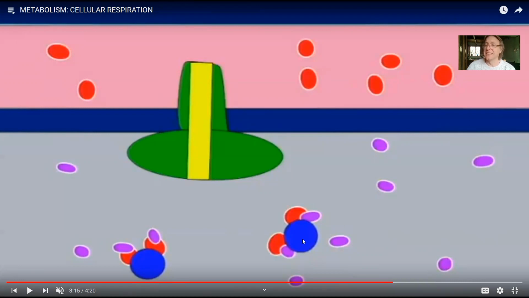But the only way that works is if someone stably catches hydrogen so it doesn't explode. That's oxygen, which is a very good electron acceptor. And so oxygen atoms, from the oxygen that we breathe, catch the hydrogen.